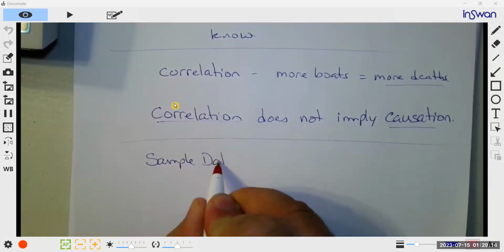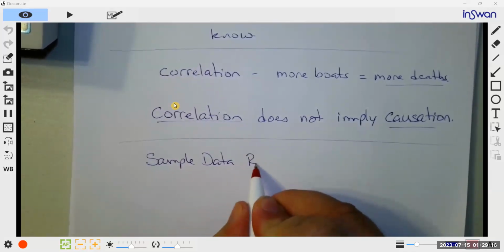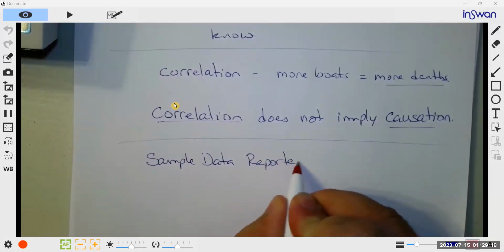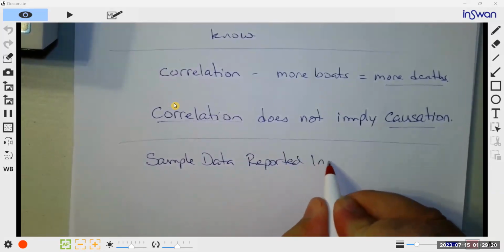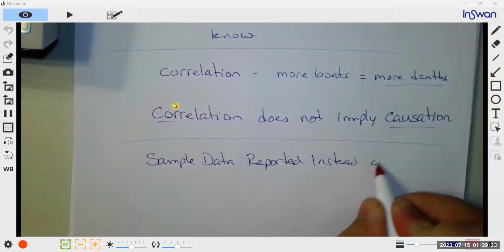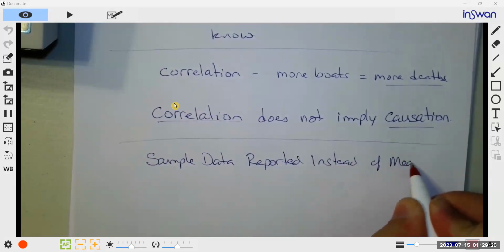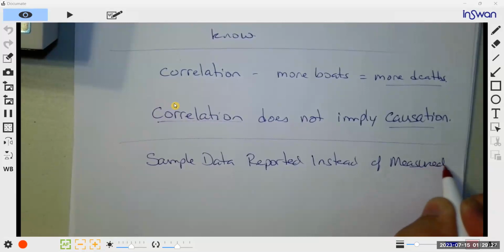Another pitfall is sample data reported instead of measured.